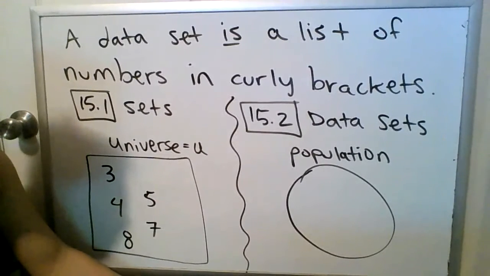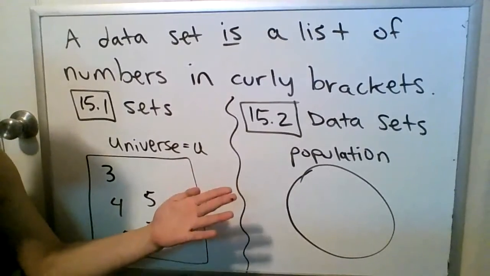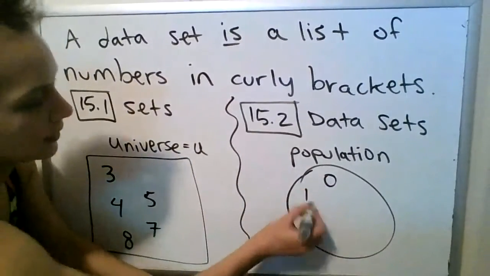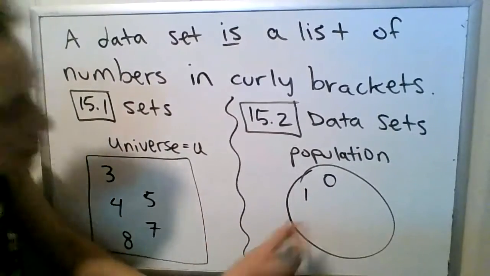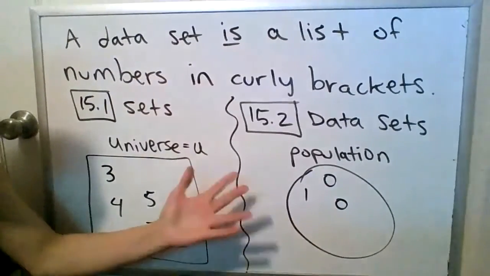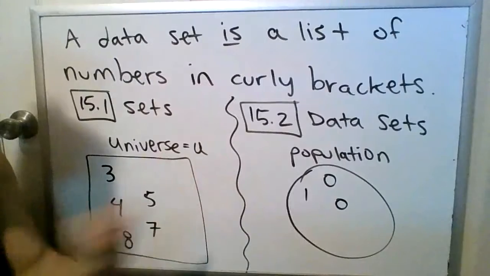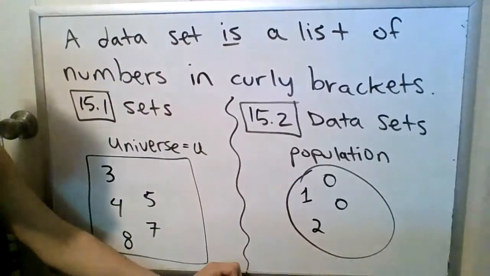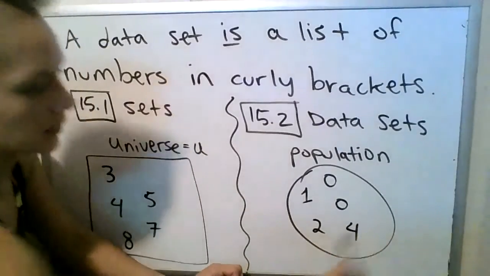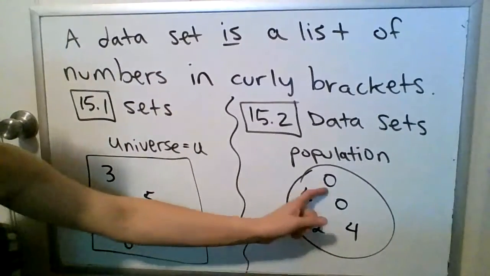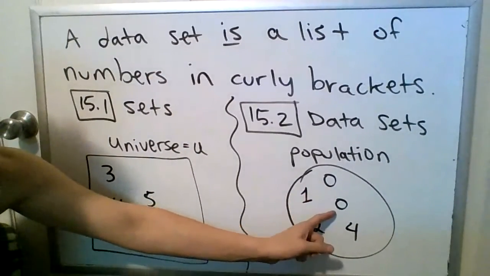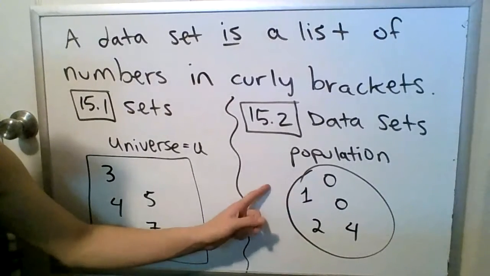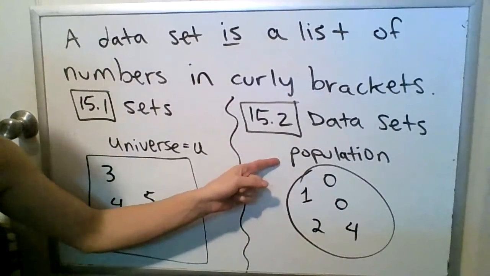So the first person doesn't have any pets, so it's a 0. Second person has 1 cat. And this other person also no pets, so no cats. Then on the 4th person, we ask them how many pets they have, and they say they have 2 cats. And then the last person happens to have like 4. So you have this repeated number, but they're separate values. And all of those numbers are representing some measurement of a characteristic of your population.